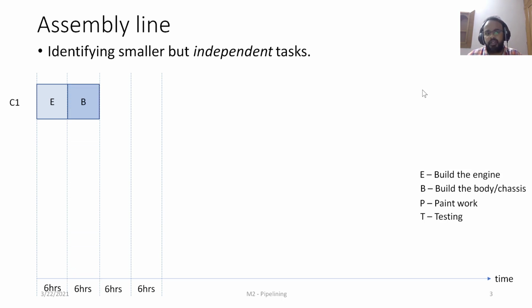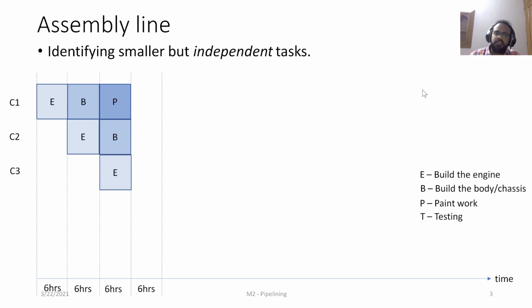But the moment we move on to building the C1's chassis, we are going to start building the engine of C2, right? In the third 6 hour slot, when C1 is moved to the paint work, C2 will be moving to the chassis building, and we'll start building the engine for C3.